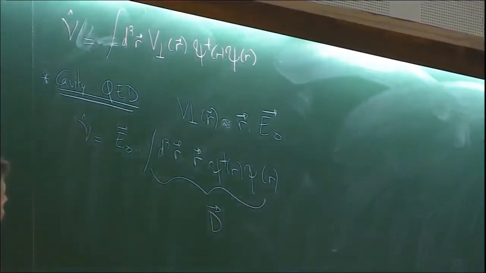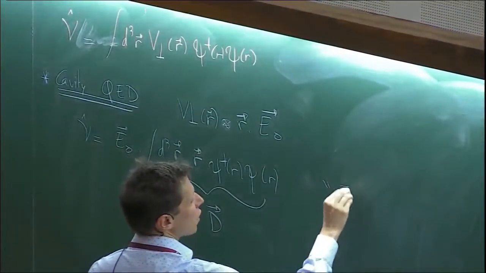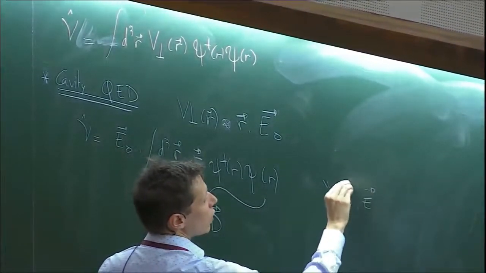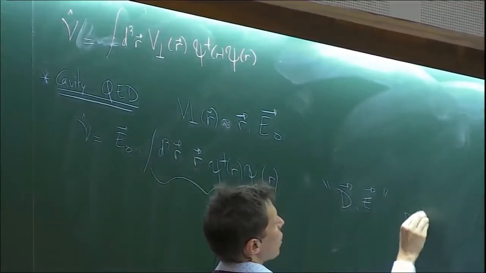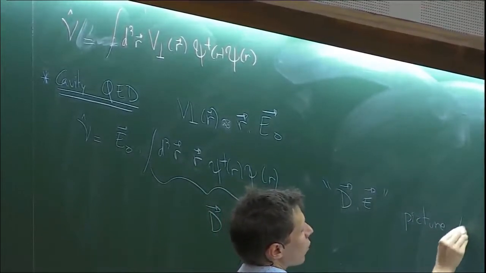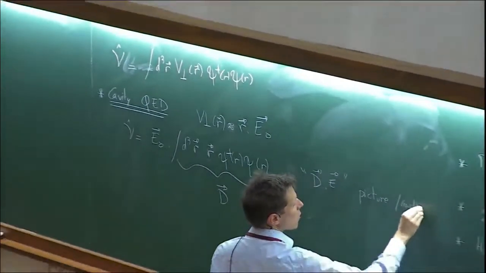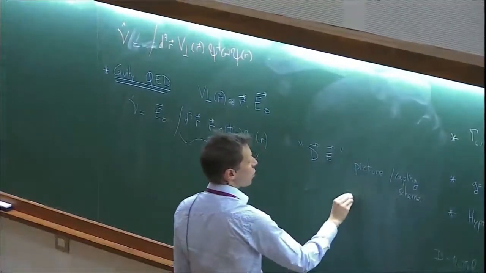So this is the electric dipole, and so this is the usual D dot E picture, or coupling scheme, of atomic physics.